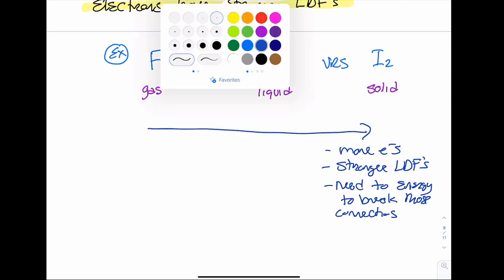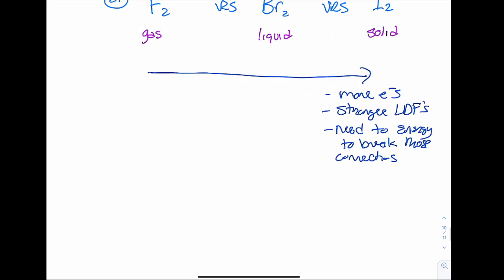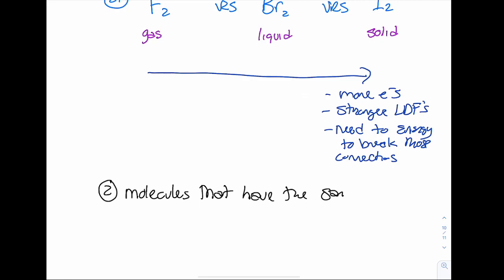Our other trend is if we have molecules that have the same number of electrons but different shapes.